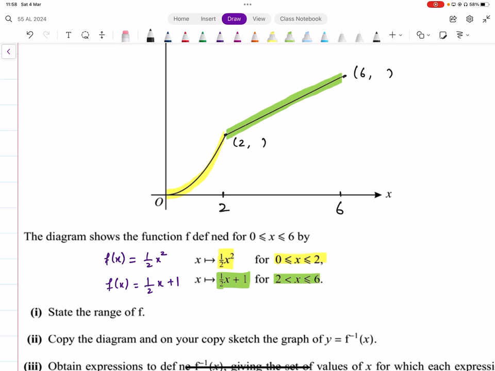What about 2.5? What about 2.1? What about 2.000? So 2 point what? 2.00000, many zeros, infinitely many zeros, and then 1.